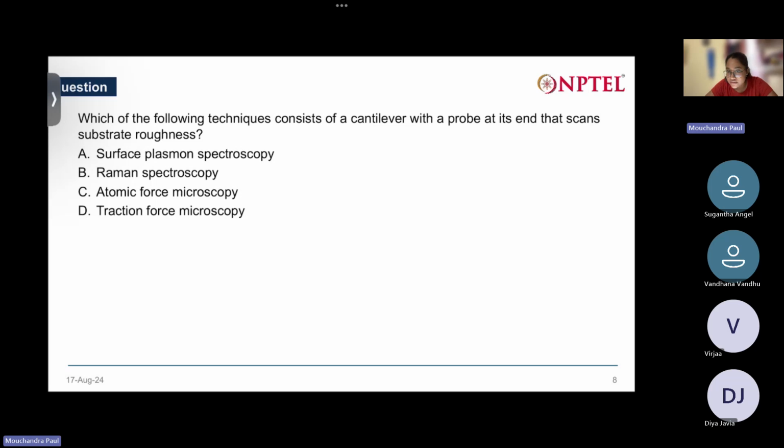I've shown you images, right, of each of these microscopic techniques. And did you see anything in those images that look like the cantilever with the probe? Anyone?